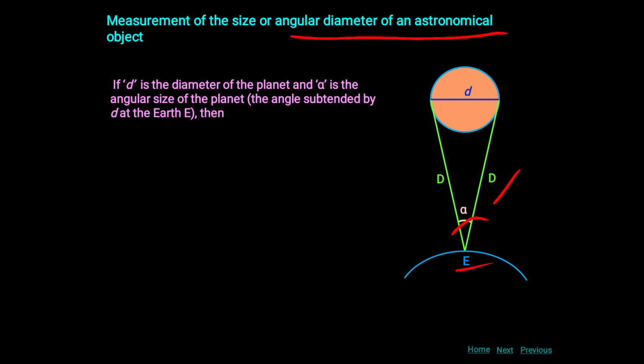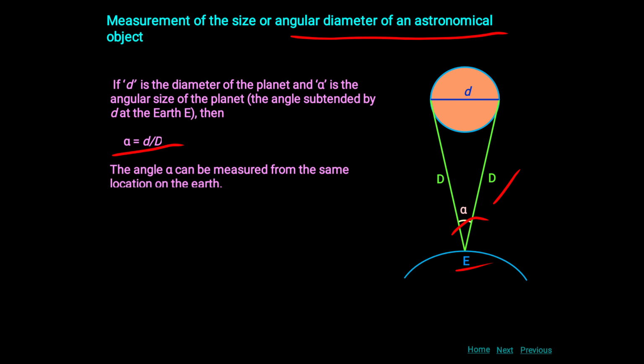If small d is the diameter of the planet and alpha is the angular size of the planet, meaning the angle subtended by d at the earth, then alpha is equal to small d by capital D.